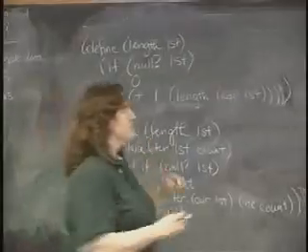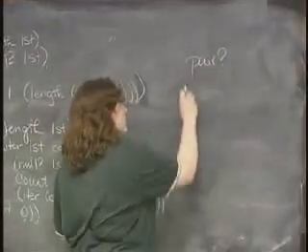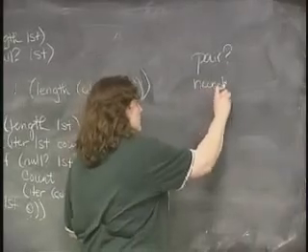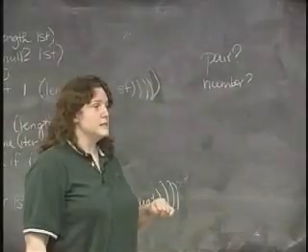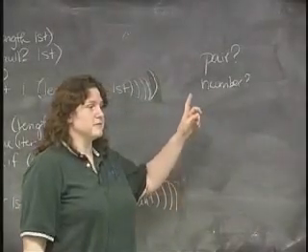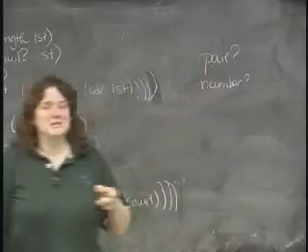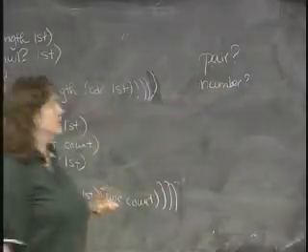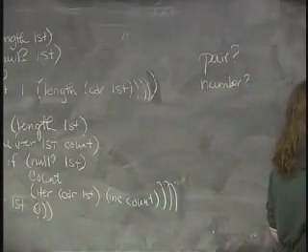We also have pair and number. Can I explain these before I answer a question? Pair is going to return true if we have any sort of list structure, whether it be a single cons cell or a full list.